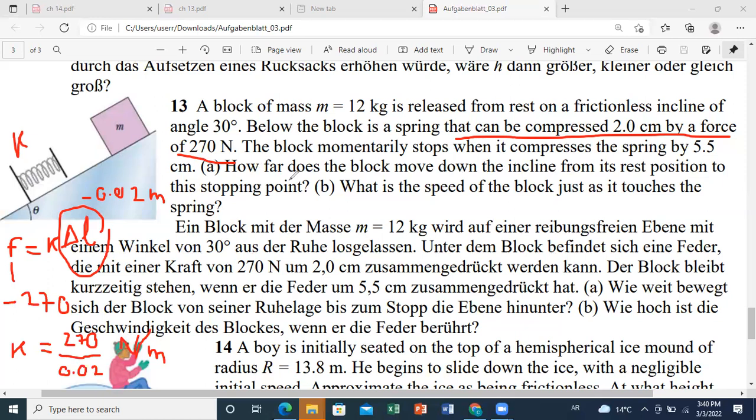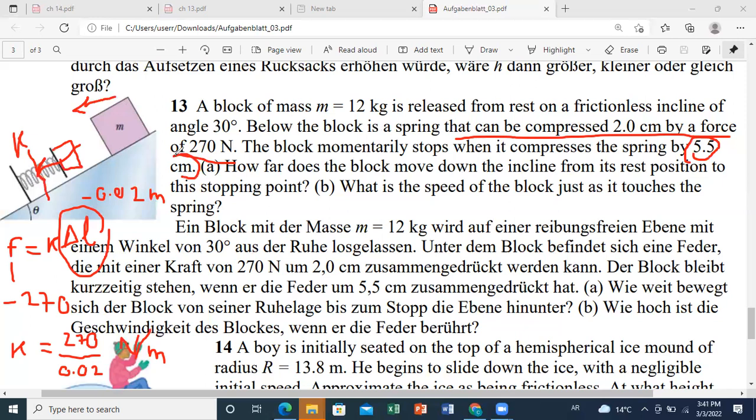So here they are telling me that I release the block and this block will move towards the spring, then it will compress it, and it will stop at a certain stage. When the system stops, the compression of my spring is 5.5 centimeters.